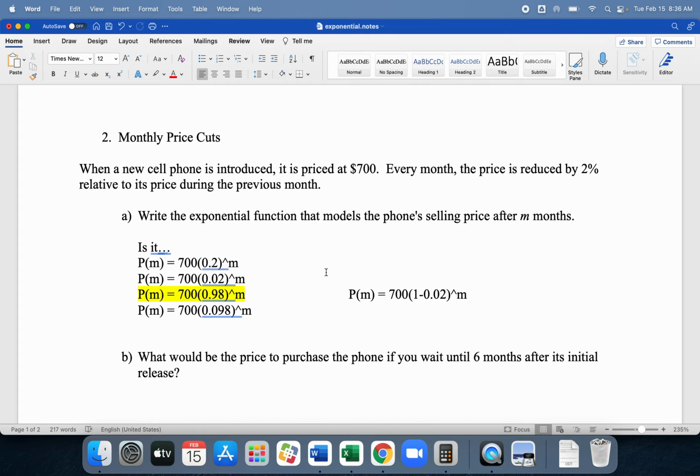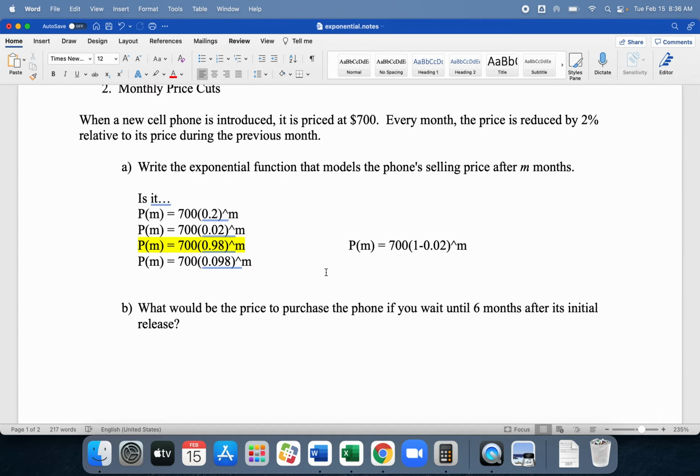Now, relative to this question, what would be the price to purchase the phone if you wait till 6 months after its initial release? Well, we have a formula for that, this highlighted one, or this form of it over here. We need 6 for the number of months.